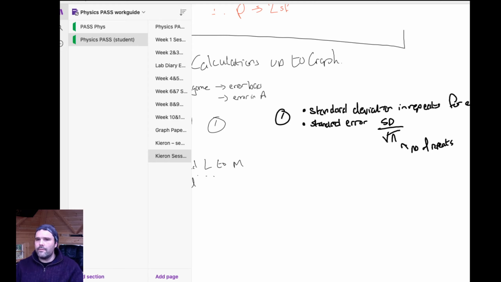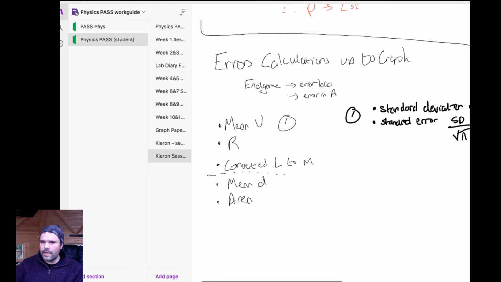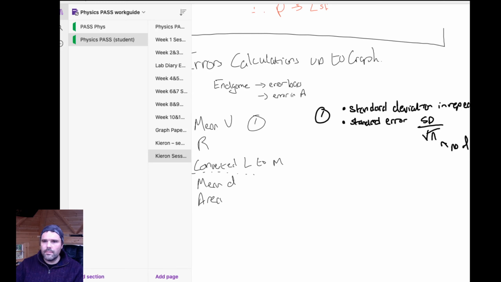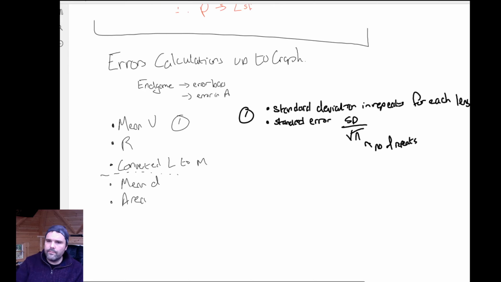Okay, that gives you your error in V. So that gives delta V. That's the notation we use. So this gives delta V, which is what we mean by error in V. Okay, and you need to do that again. I'll say this really explicitly: do it for every set of repeats.